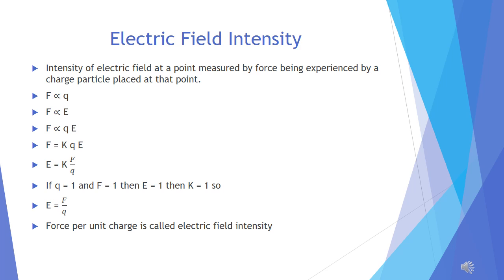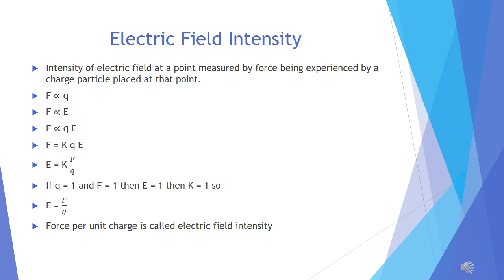The answer is, intensity at one place is less and intensity at another place is more. Then take the same particle at a third point and the force is 0 here. So we can say there is no electric field, therefore the force is 0. So the intensity of the electric field is directly proportional to force. So F is directly proportional to E.